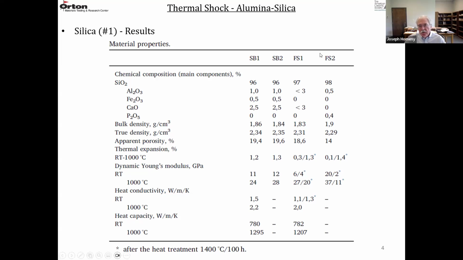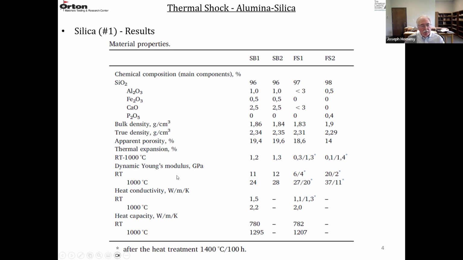And then the fused silica materials, 0.3 and 0.1. So they're fused silica, they're real low expansion. And then the asterisk over here is after the heat treatment at 1400 degrees C. So when you crystallize the material, you're up to 1.3 and 1.4, similar to these.